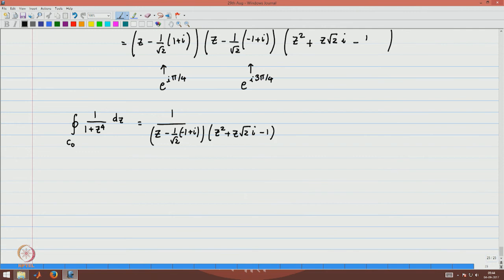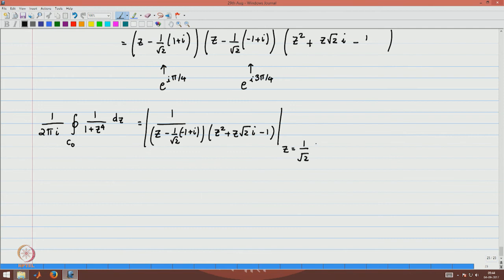We want this whole thing evaluated at z equal to 1 by root 2 times (1 plus i), corresponding to the first pole. So, let me take the 1 over 2 pi i outside.